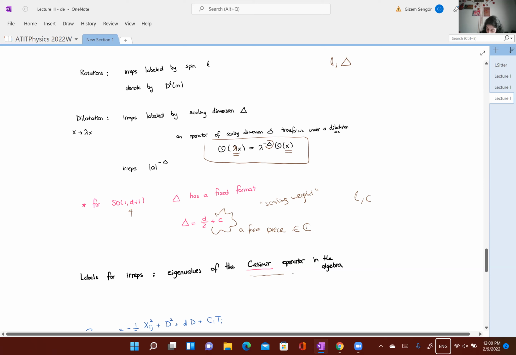So the Casimir operator is one such operator that commutes with all the elements of the algebra. So these elements are generators. Let me write it as generators.